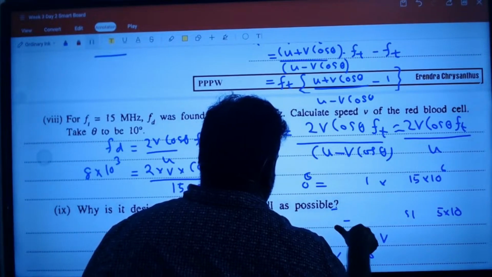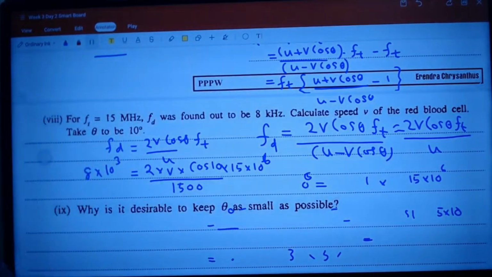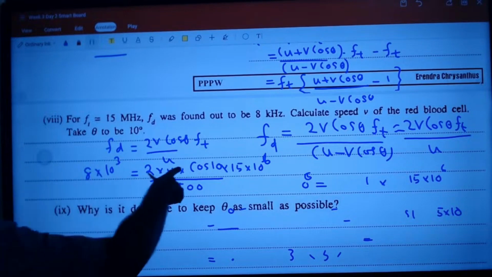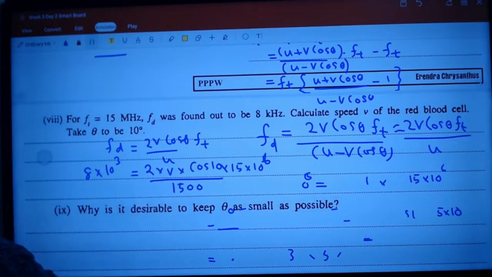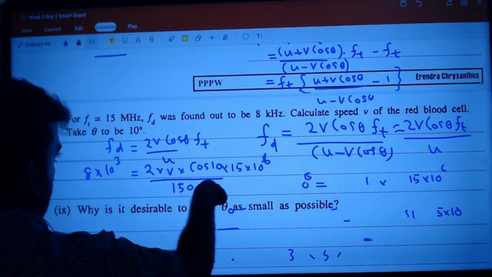Let's erase this. I'll quickly calculate it with the approximate value. Here your answer will be, cos is almost 1, so 8 divided by 15 times 100 times 4.